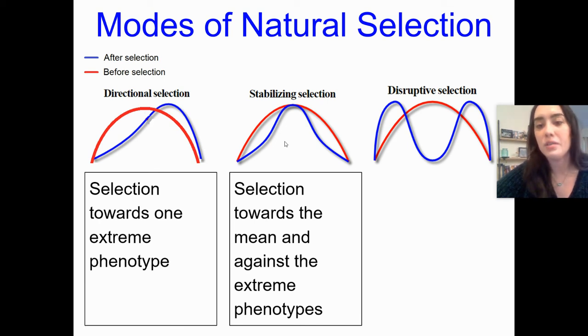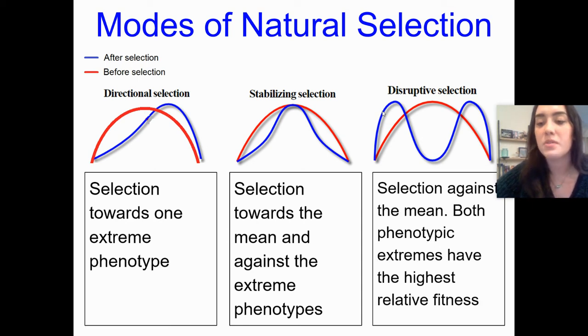And then as you can probably guess, with disruptive selection, this curve is avoiding the mean. For whatever reason, the more extreme phenotypes on both ends are more beneficial for that population's survival and reproduction. So there's a selection against the mean. Both phenotype extremes have the highest relative fitness for that specific genotype that we're talking about.